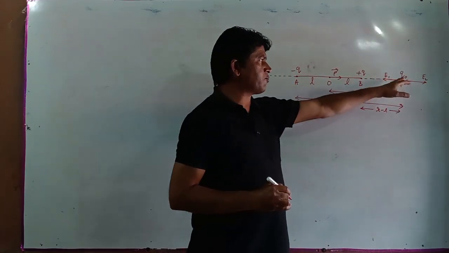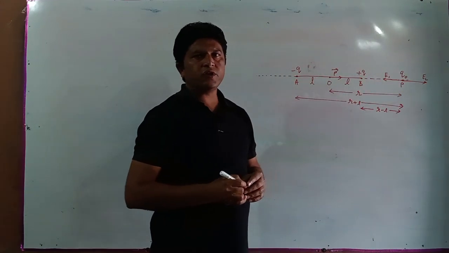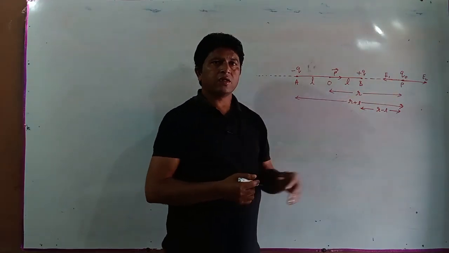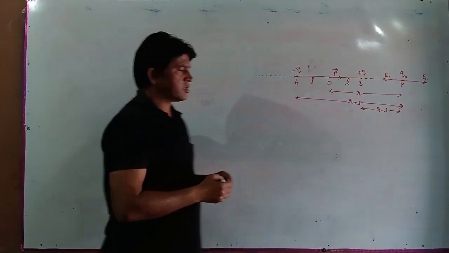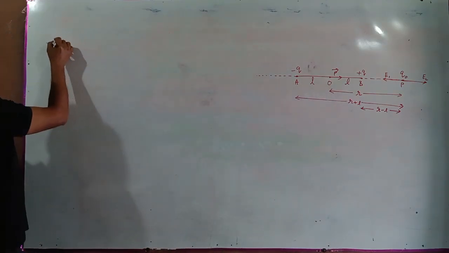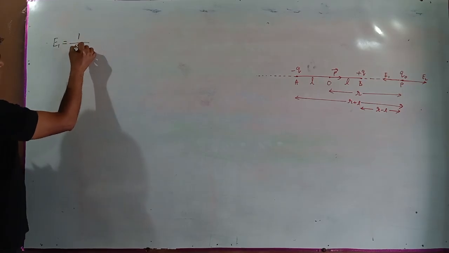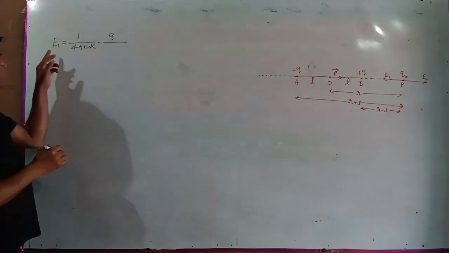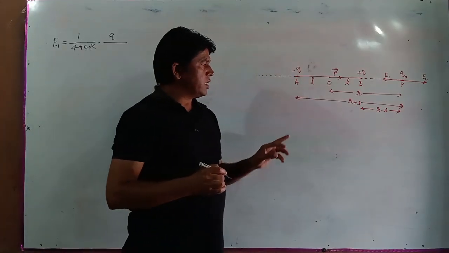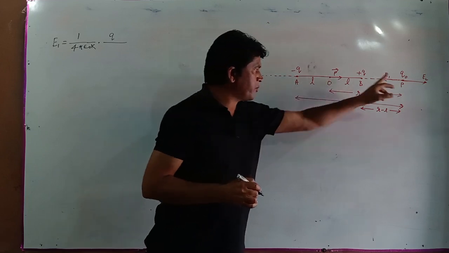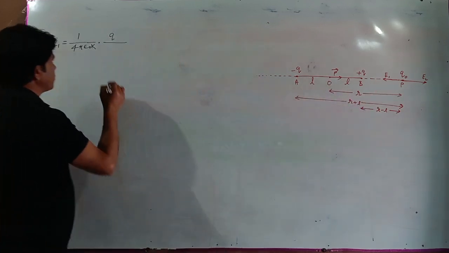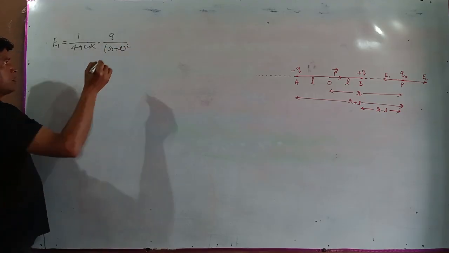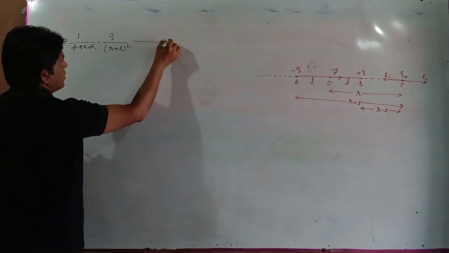After determining the intensity at point P or q naught, we have to determine its expression. Now, we have to determine the expressions of the intensities E1 and E2. So, E1 is equal to 1 upon 4 pi epsilon naught, K times q over, since E1 is due to minus q and the distance between A and P is r plus L, so here we will write (r plus L) whole square, and it is represented by equation number 1.